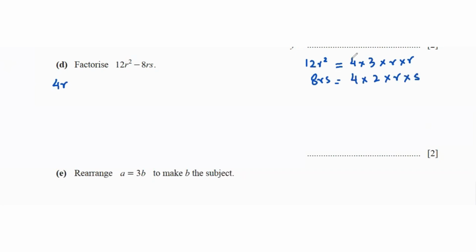As you can see, 4 is common and r is common. So that's going to give us 4r bracket 3r minus 2s. This is our fully factorized expression. We can't factorize it further.